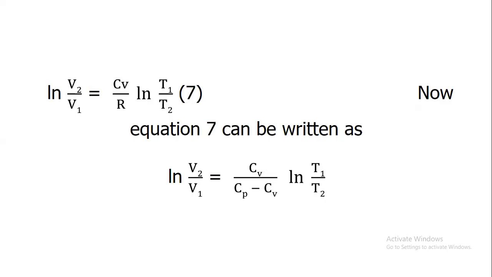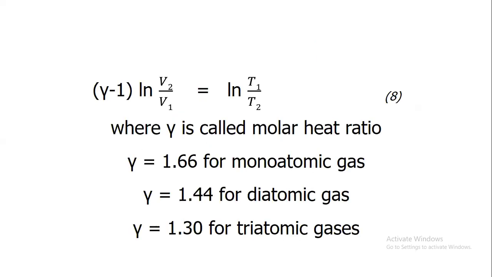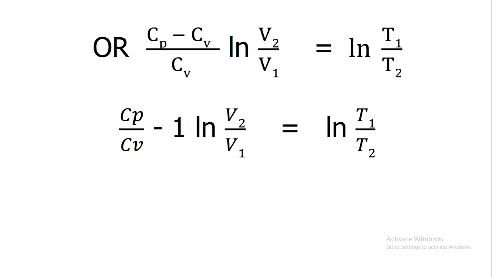Equation 7 can be written as ln V2 over V1 equal to Cv over Cp minus Cv, ln T1 over T2. Solving, we get Cp over Cv minus 1, ln V2 over V1 equal to ln T1 over T2.